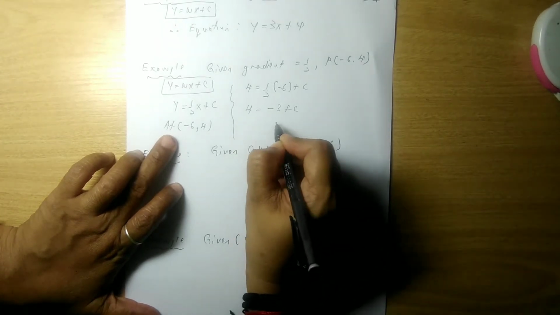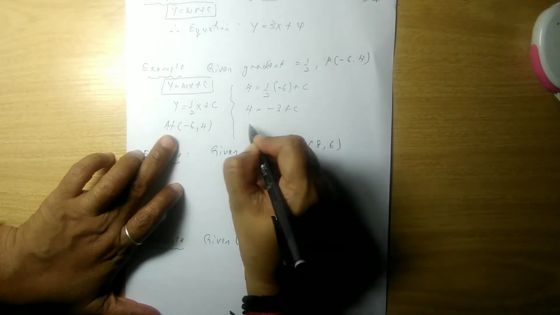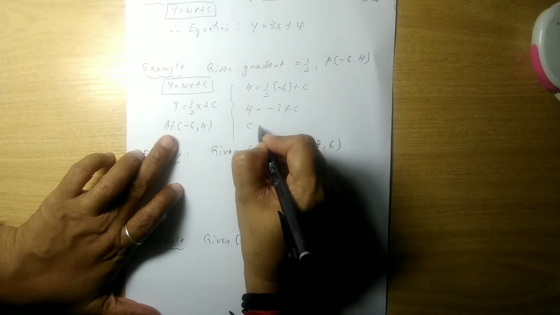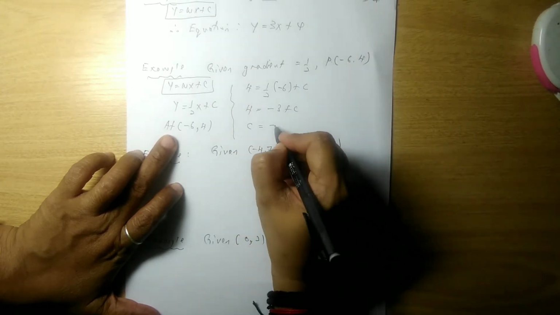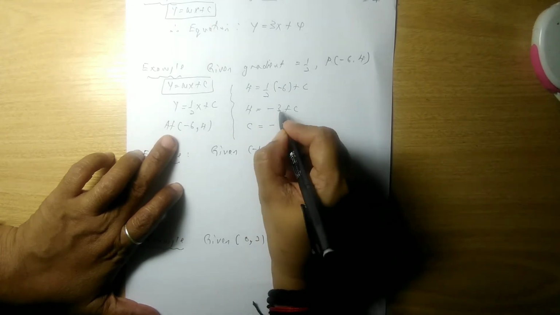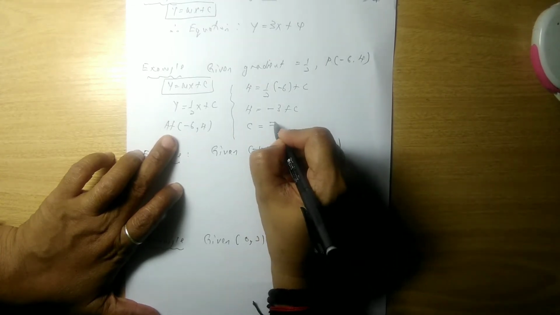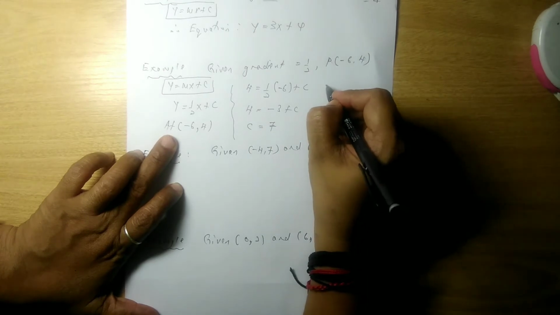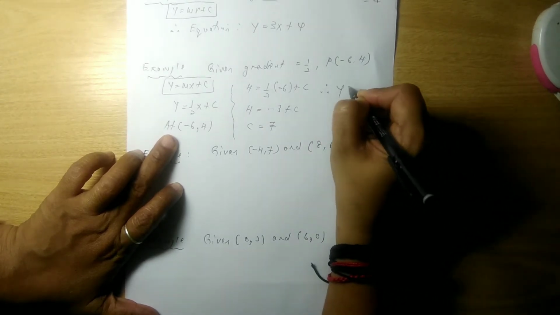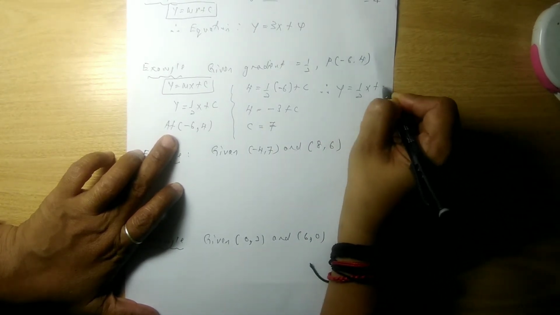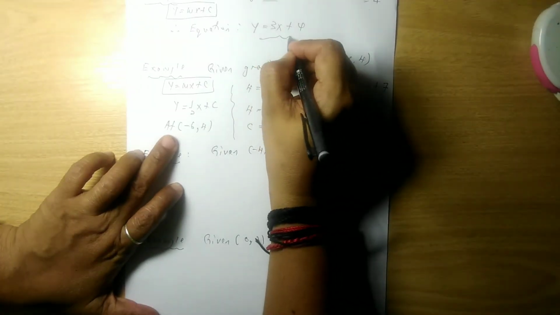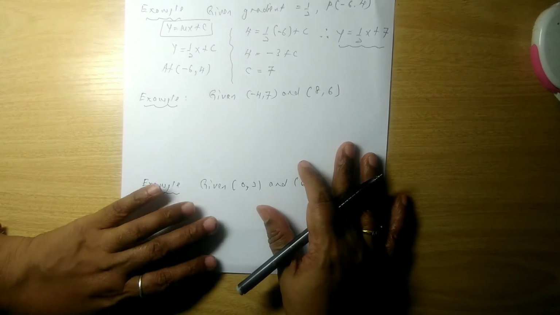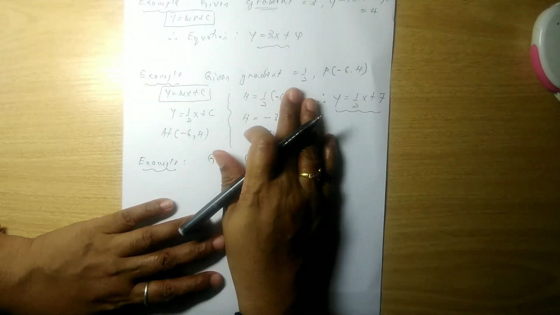That means my c becomes, sorry, 3 moved over, so it's plus 3 here. So we get 7. Therefore my equation becomes y equals half x plus 7. So that's the equation that we got. This is when you're given a gradient and a coordinate.